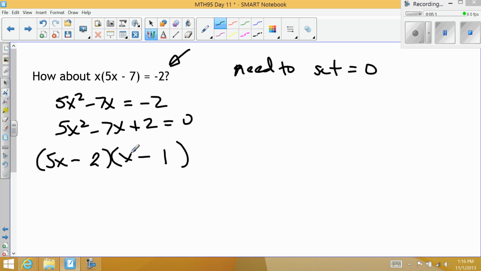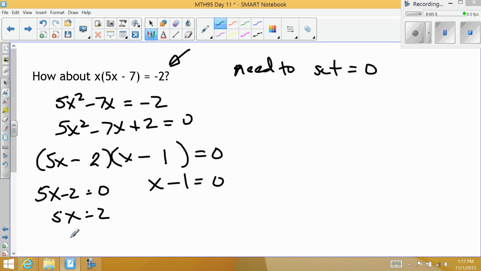That'll give me 5x squared, negative 1x, and negative 5x and negative 2x is negative 7x, and negative 2 times negative 1 is positive 2. So once it's factored, set each factor equal to 0, solve each factor, x is 2/5, and x equals 1.